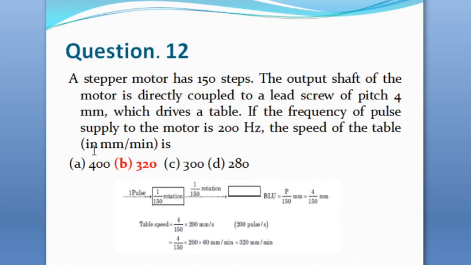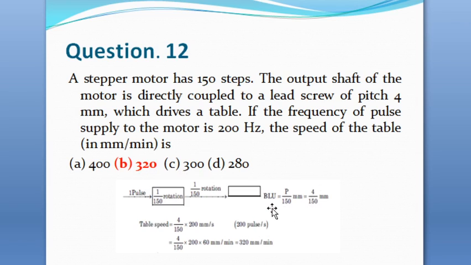Here we have to calculate the linear movement of the table per minute. Therefore, once again it is multiplied with 60. We get 320 mm per minute. This is the second answer, option B, 320 millimeter per minute.